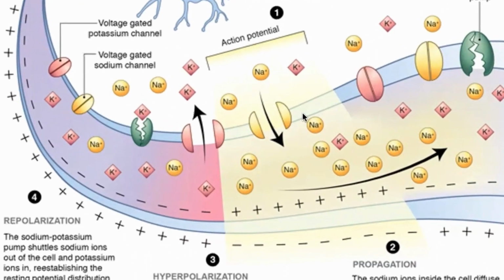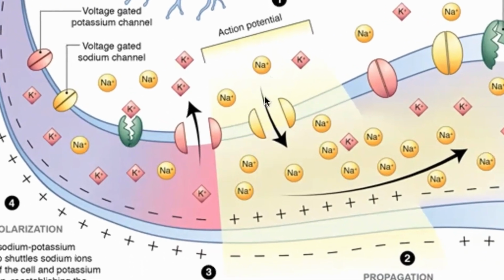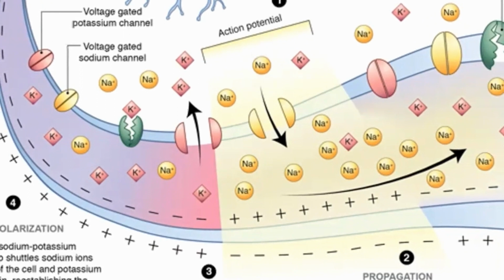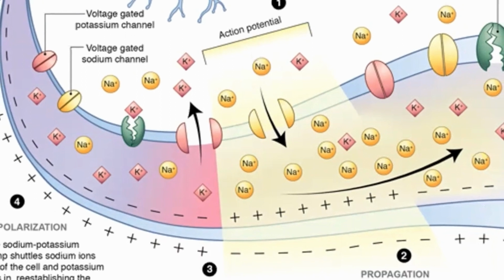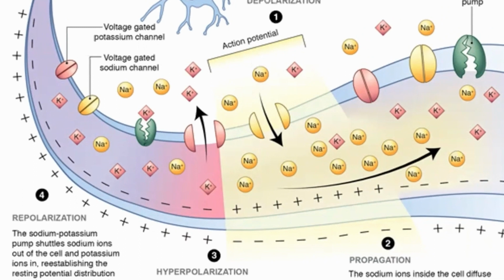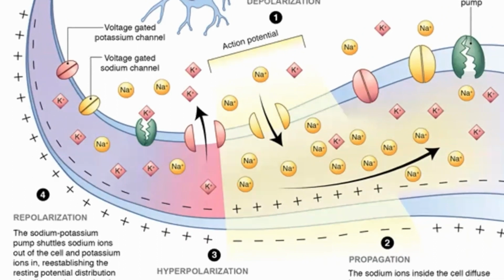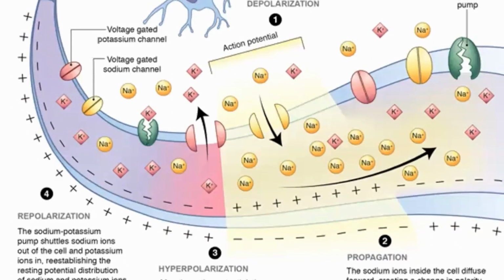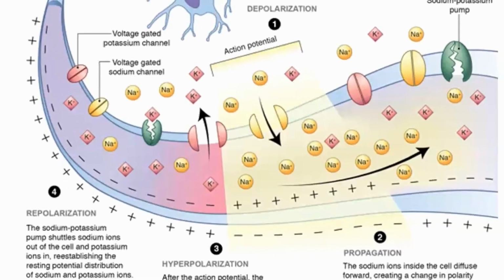So here you can see that the sodium channel is open, and this is depolarization. The sodium will diffuse in the cell, creating a change in polarity of the membrane ahead of the potential. This change in polarity activates the voltage gated channel along this part of the membrane to open, letting more sodium rush in.